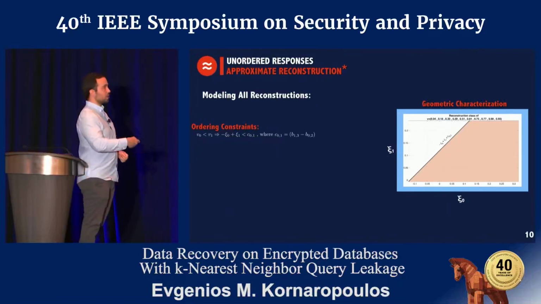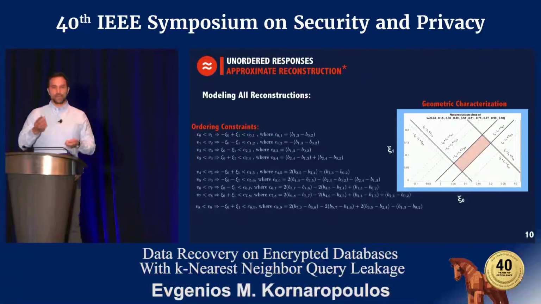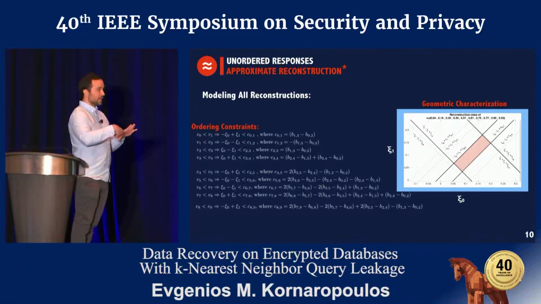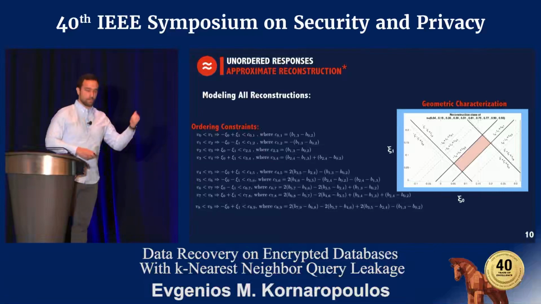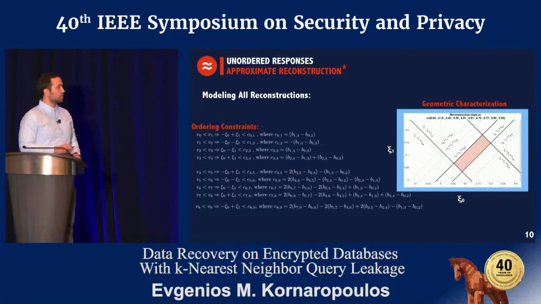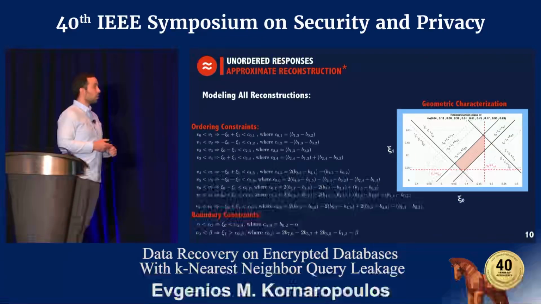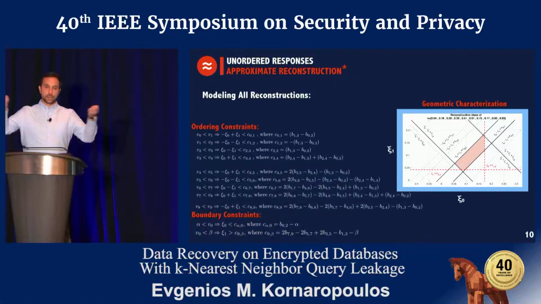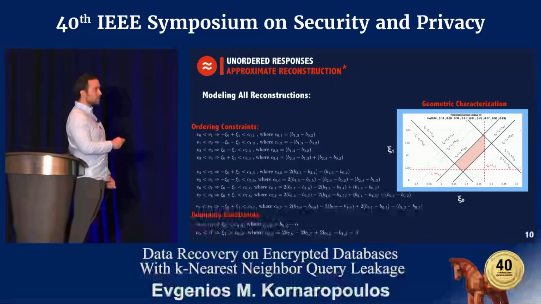If you apply that to the remaining ordering constraints, that is V1 less than V2, V2 less than V3, what you get is a rectangle where, again, all the internal points satisfy the ordering constraints. We define one more set of constraints, the boundary constraints, that satisfy the property that we won't have values outside the boundaries. But overall, we get this really nice-looking polygon right there.